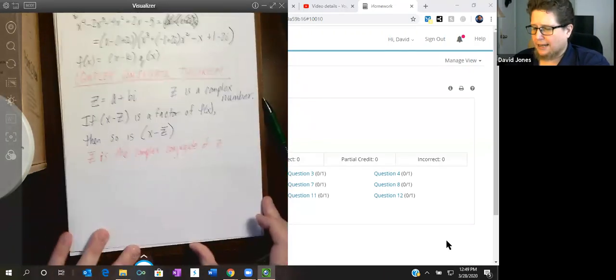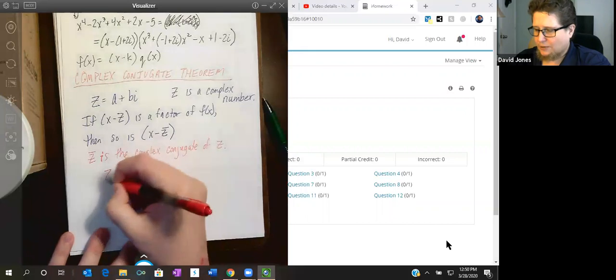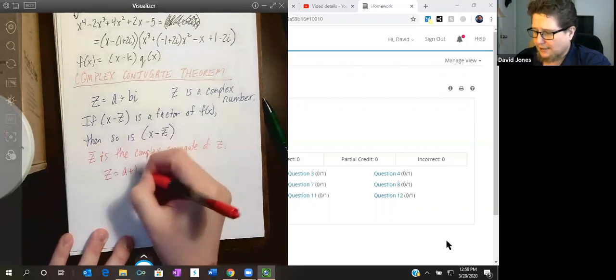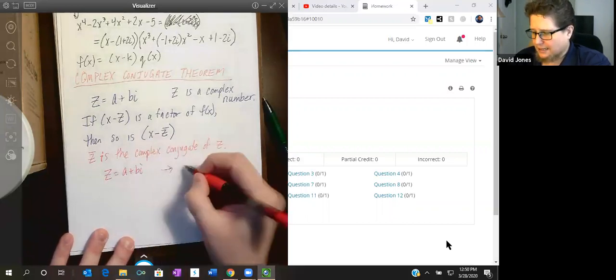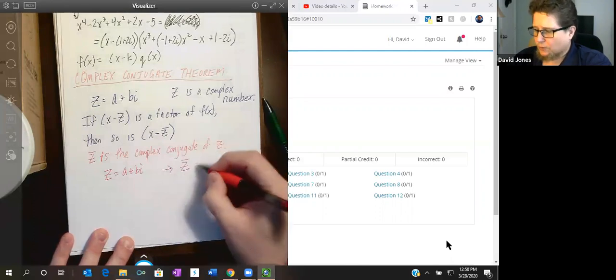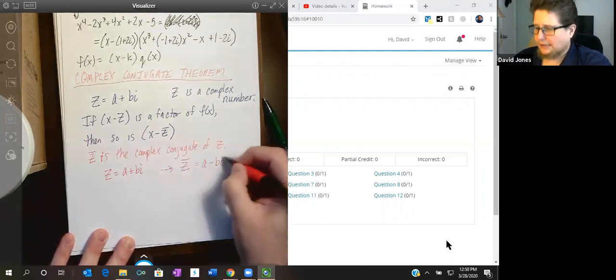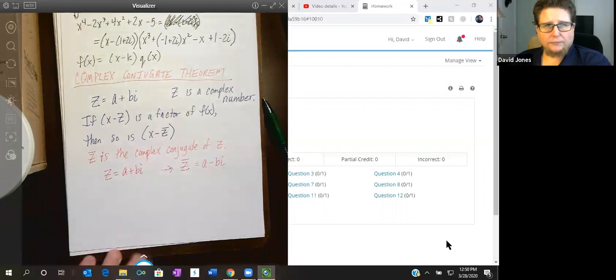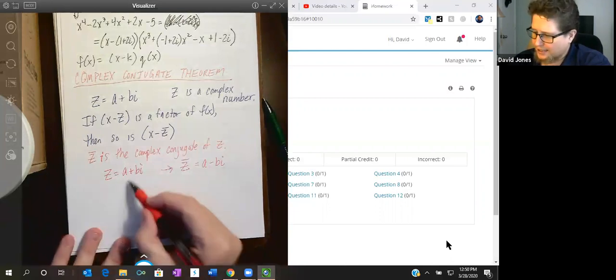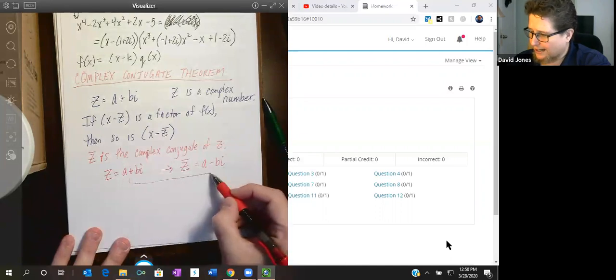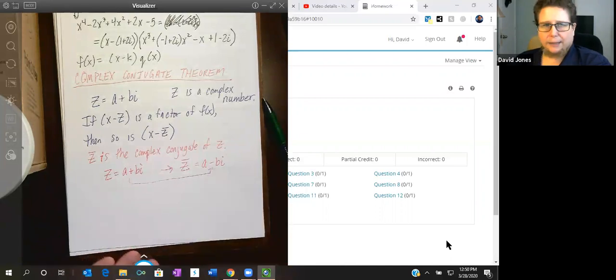What I mean by that is if z equals a plus bi, then z bar equals a minus bi. We just change the sign on the i. That's what makes it the complex conjugate.